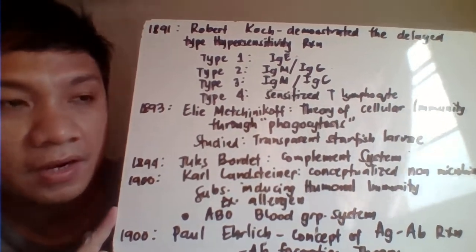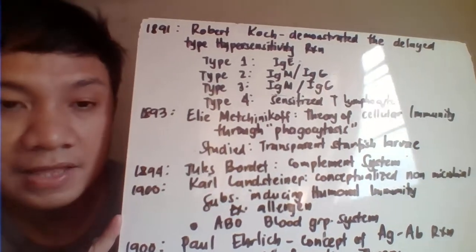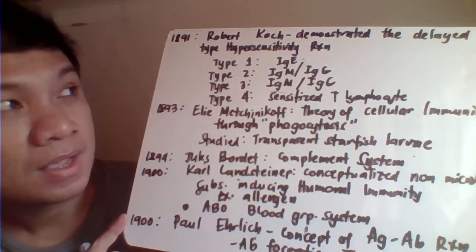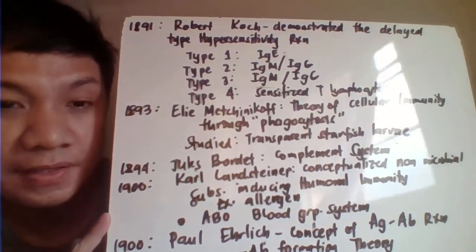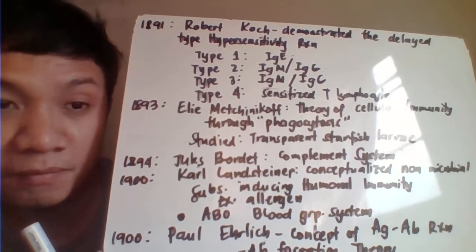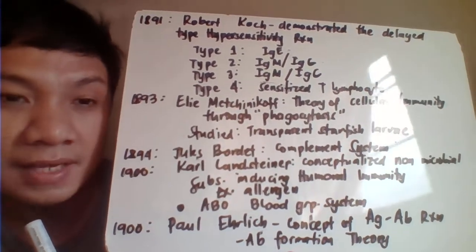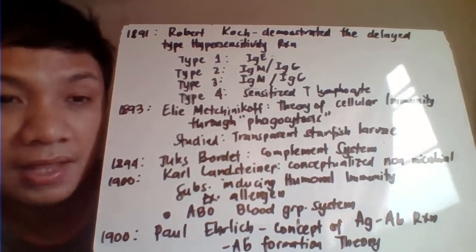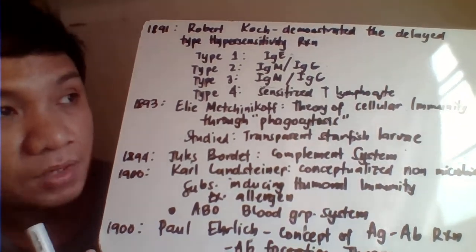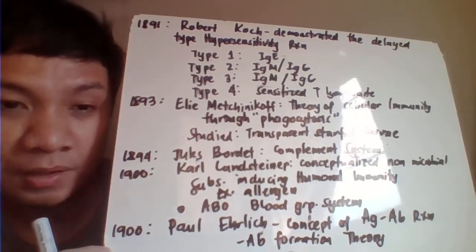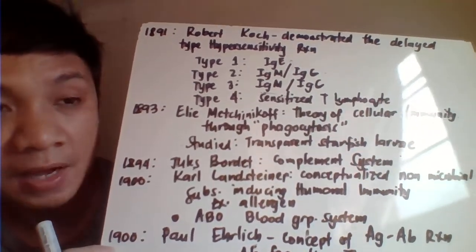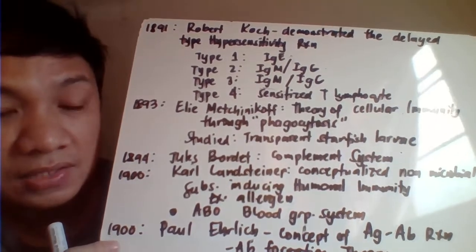Okay, the next one, Robert Koch in 1891, discovered the delayed type hypersensitivity reaction, which is a type of allergic reaction. When we discuss allergic reactions, there are actually four types of allergic or hypersensitivity reaction. Type 1 is mediated by IgE, which is an antibody. Type 2 is mediated by IgM and IgG.